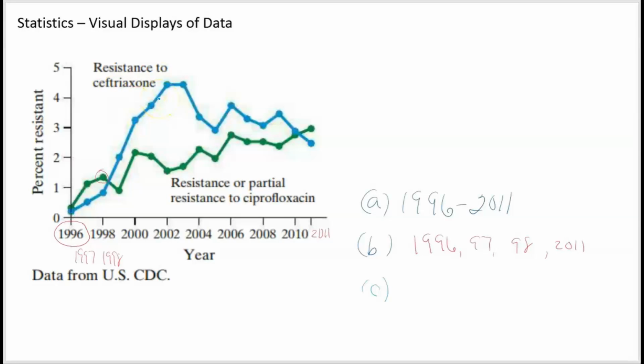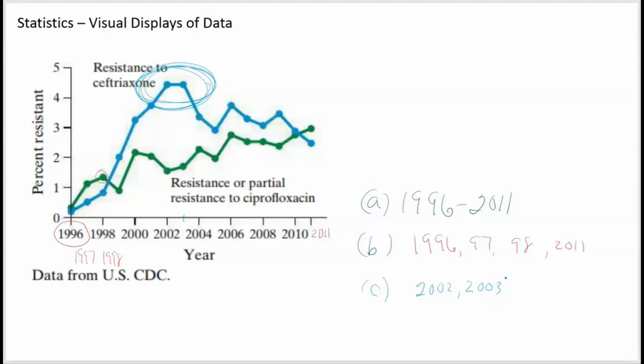So where is the blue the highest? If you'll notice, that's right up here. But that doesn't happen in just one year, it happens in two different years. So in 2002, and then right next to it, 2003, the one that's not labeled. So the years would be 2002 and 2003.